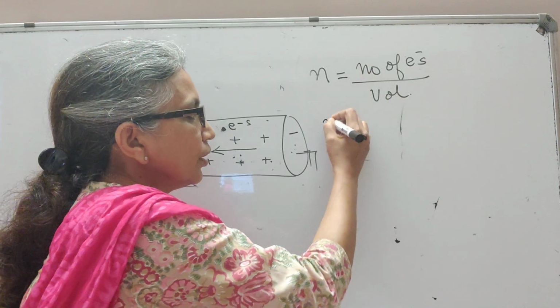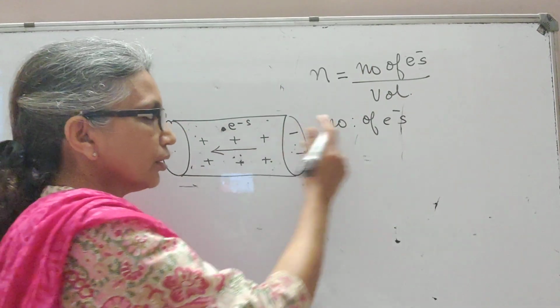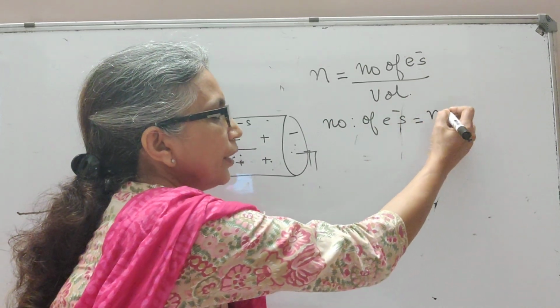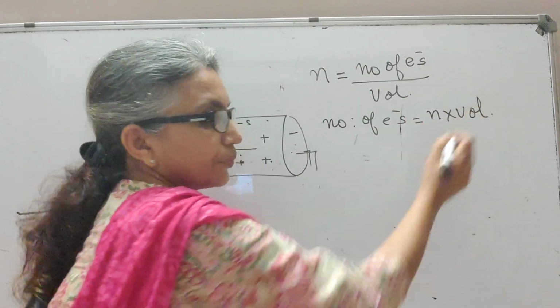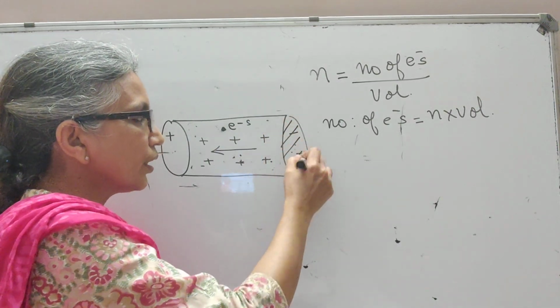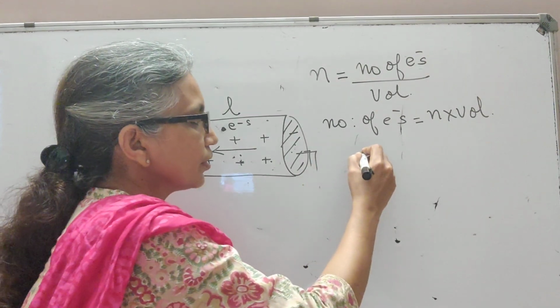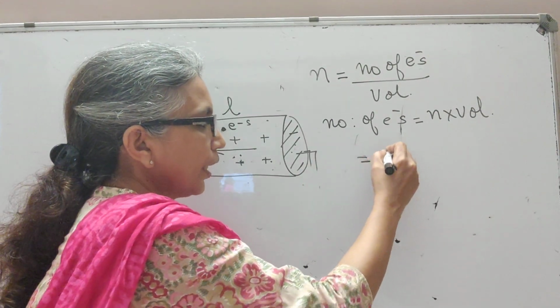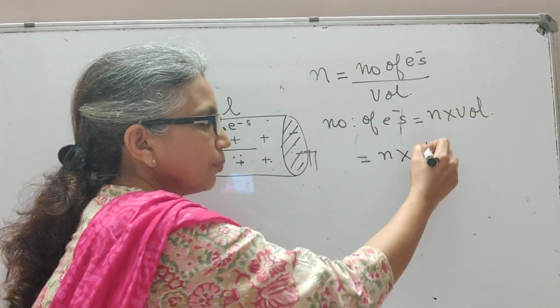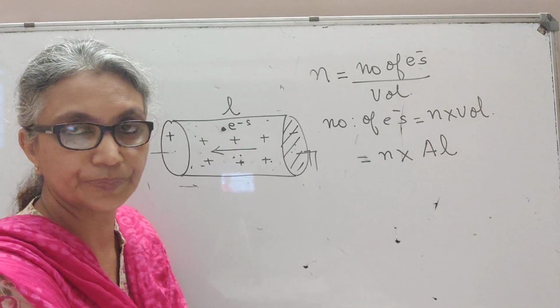Now this shows you that the total number of electrons in the conductor should be equal to N into volume. Volume of a cylindrical conductor, as you know, should be base area into height, where this is the length of the conductor. So this number of electrons will be N into, instead of volume I may write base area into height, which is the length of the conductor.